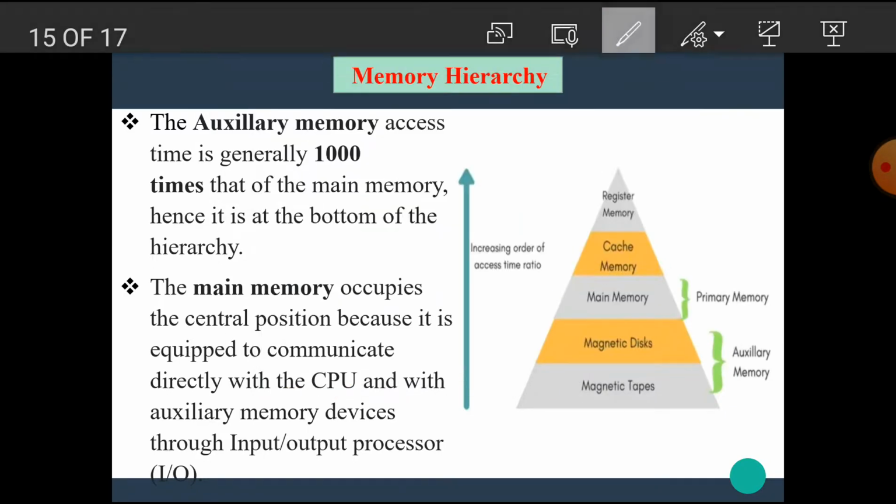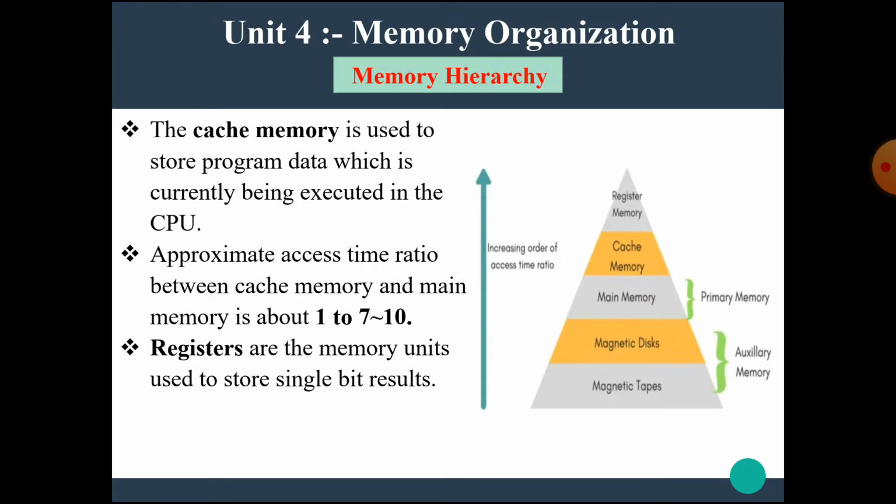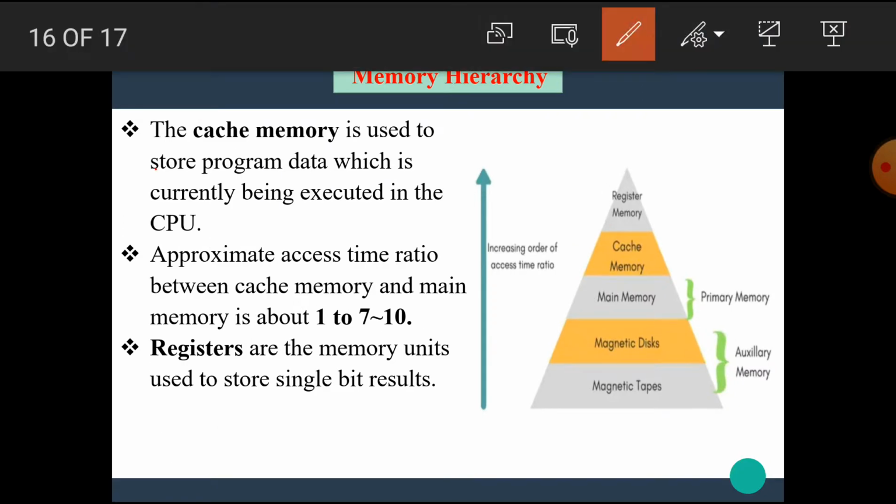Now the cache memory is used to store the programs or data which is currently being executed in the CPU. That means in the CPU, the programs are executed and the data produced or the results are stored in this cache memory. It has three levels: level 1, level 2, and level 3.